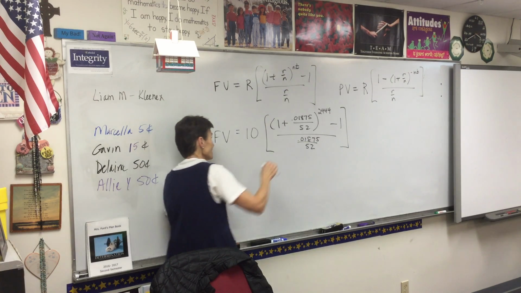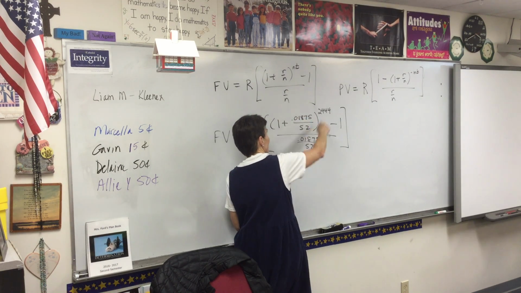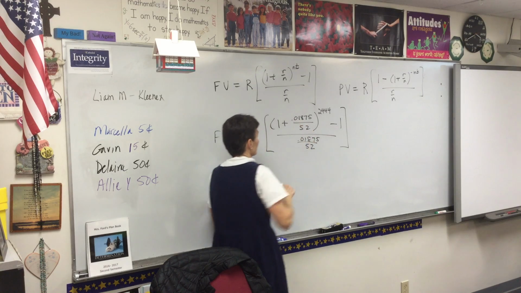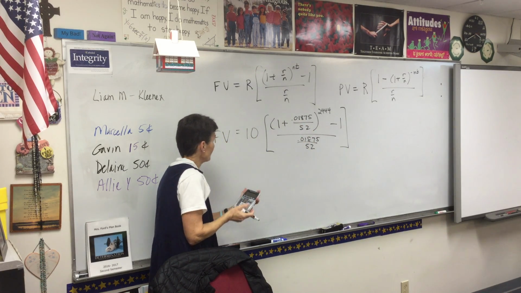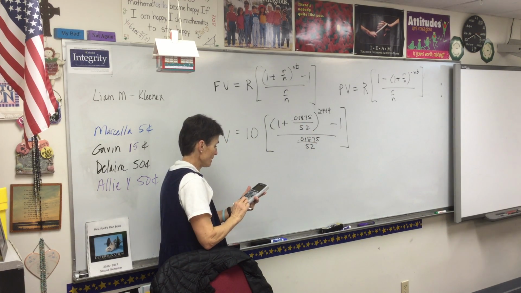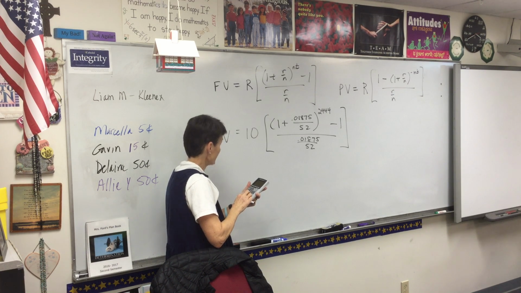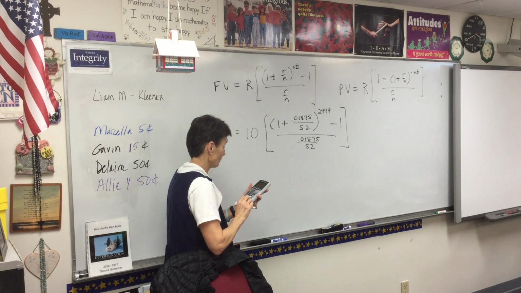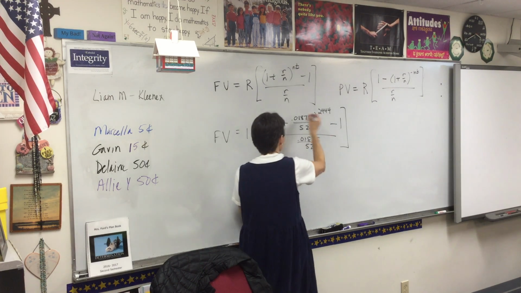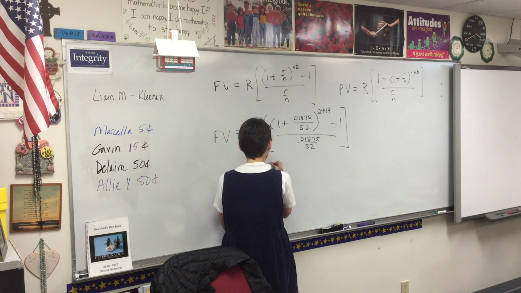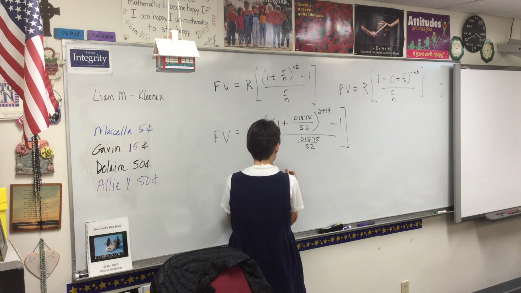All right. Well, this is kind of a mess, right? So let's see what we can do with that. Let's see. 1 plus 0.01875 divided by 52. That's not a nice number, so I'm going to go ahead and keep some decimal places.